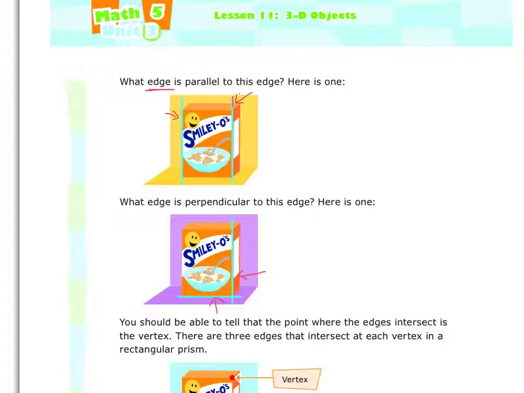And again, this is where your colors are going to come in really handy. I could say, okay, this pink edge is perpendicular to this pink edge. Oh, pink wasn't a great choice. It's not overly clear. Okay, whereas here I could say these blue edges are parallel. The pink edges are perpendicular. That shows that difference.